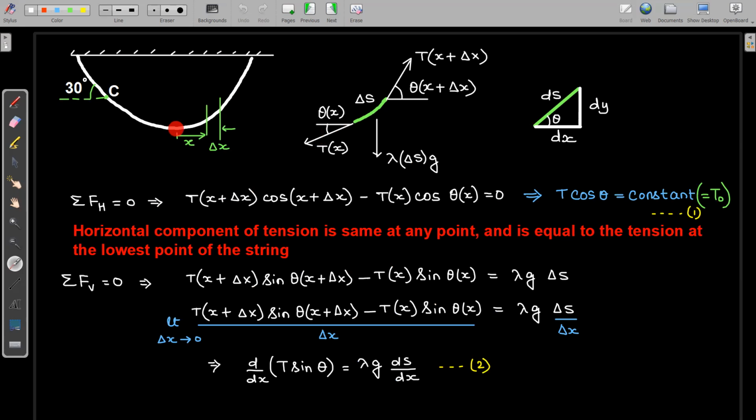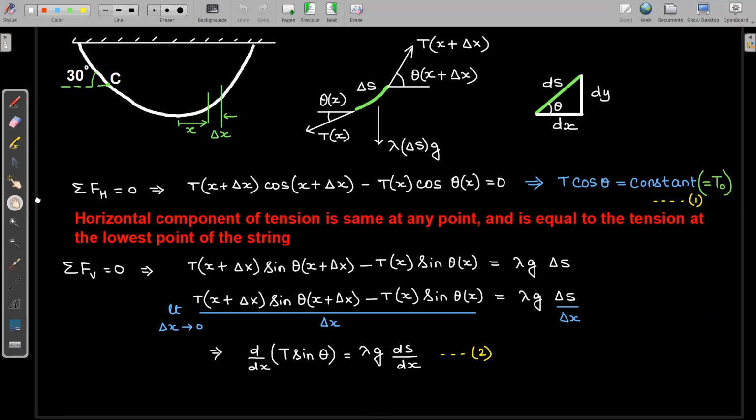Now, at the lowest point, if you look at the FBD of this rope, the tension force will be horizontal, because the direction of tension is always tangential to the shape of the rope. Since the horizontal component of tension is the same at any point, this constant T naught represents the tension at the lowest point of this rope.